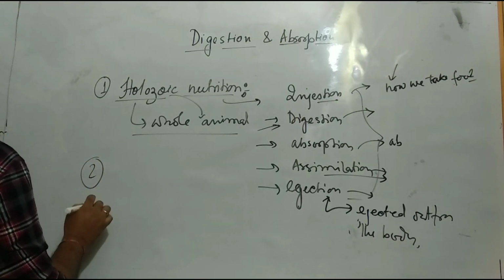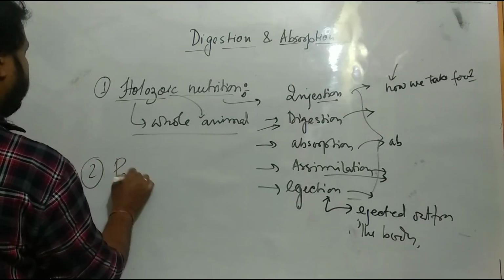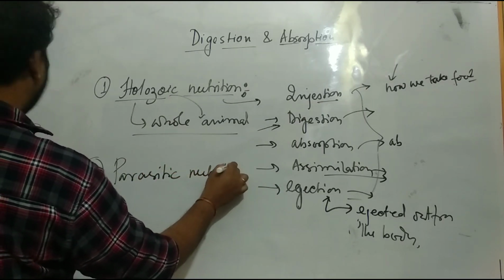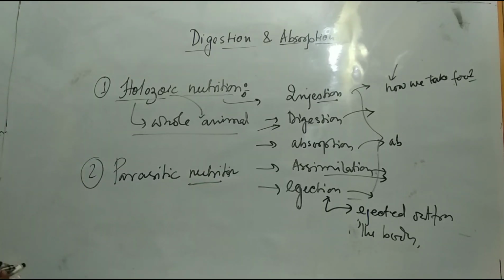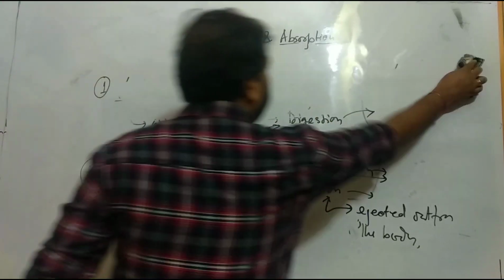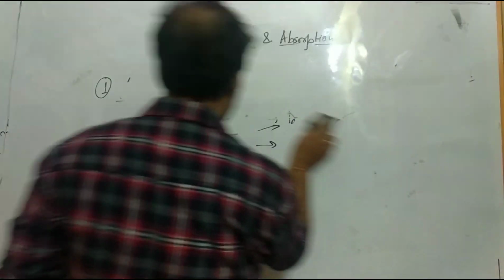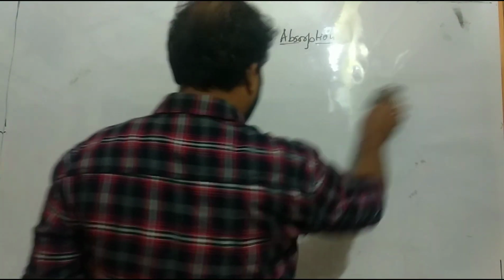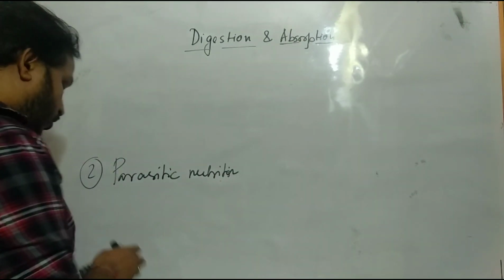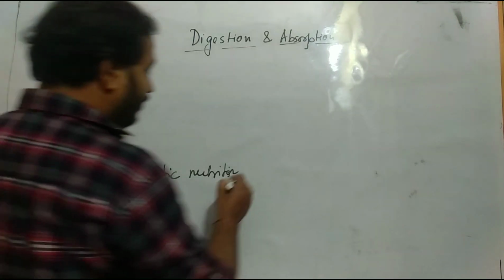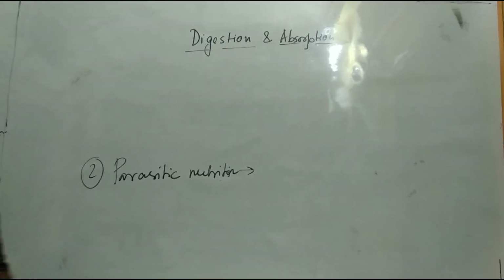This is called parasitic nutrition. Very important and very easy also. Parasitic nutrition means this group of organisms depend on other organisms for their food, or they take shelter in the body of other organisms, but in return they cause harm to that organism. Is that clear?